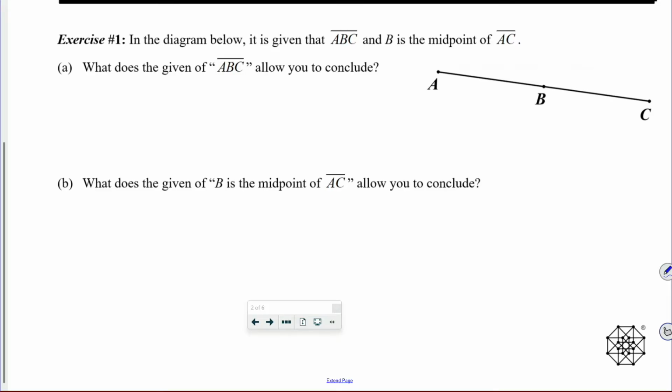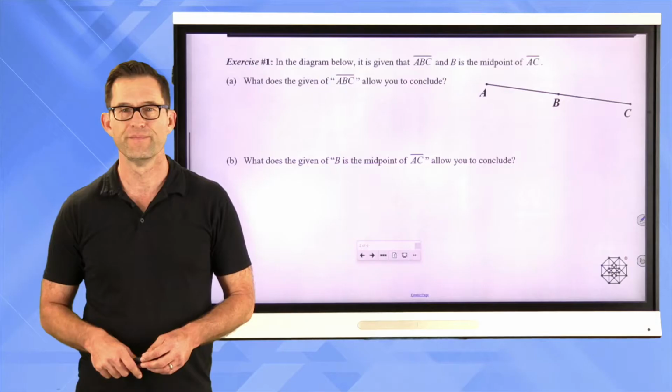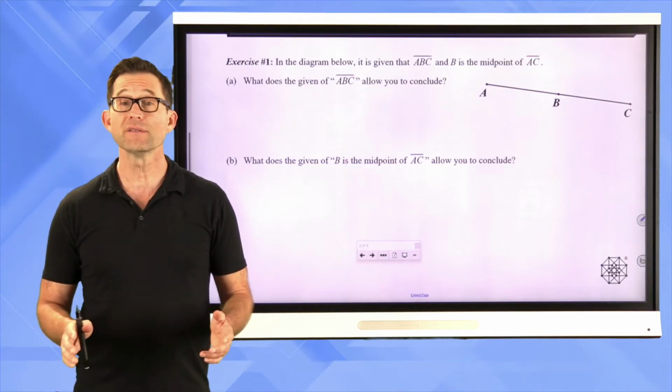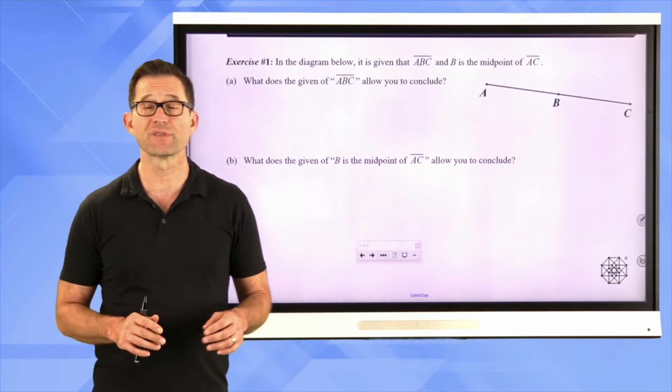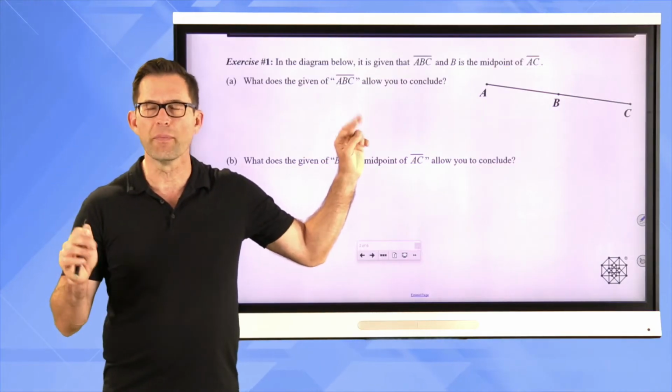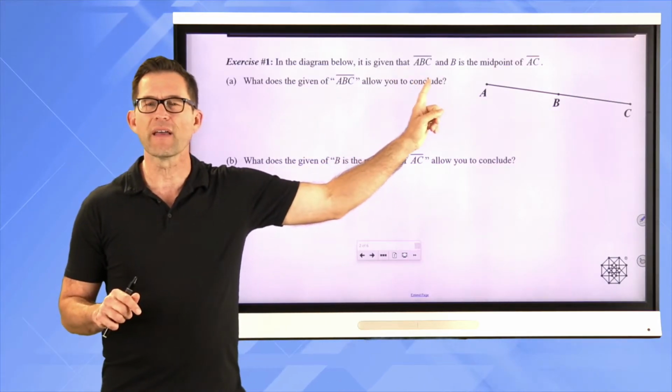In the diagram below, it is given that segment ABC, and B is the midpoint of AC. Letter A asks, what does the given of segment ABC allow you to conclude? Now this is important because many times in proofs, we will be told something that looks like this.